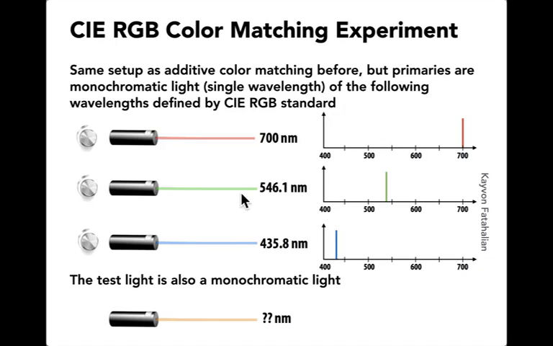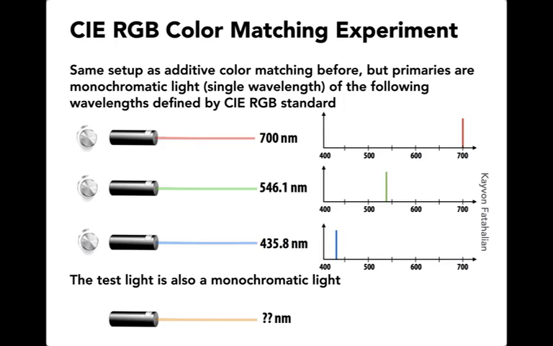So these are the 3 primary lights used in a color matching experiment. The color matching experiment is done exhaustively, wavelength by wavelength. The test light is also a monochromatic light, but one that you can sweep over any wavelength systematically, one at a time. So you start at short wavelengths, 400 nanometer, then go to 405 nanometer, 410 nanometer, and so on and so forth.